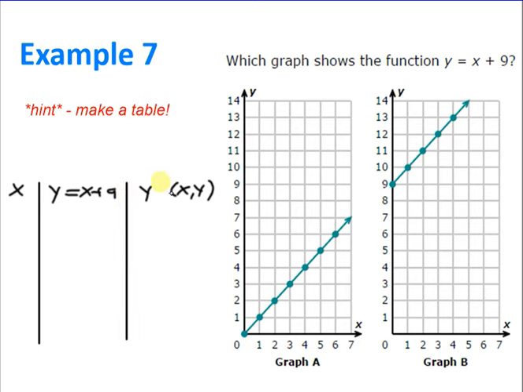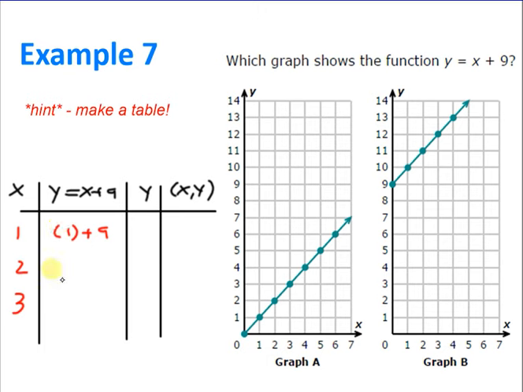I'm literally just making my own function table. And I'm going to come out with a set of coordinates. Now you may be thinking, well, what do I put in for x's? Well, just do a couple of them. Do 1, 2, and 3. Okay? So 1 plus 9, 2 plus 9, and 3 plus 9. 1 plus 9 is 10, 2 plus 9 is 11, 3 plus 9 is 12.